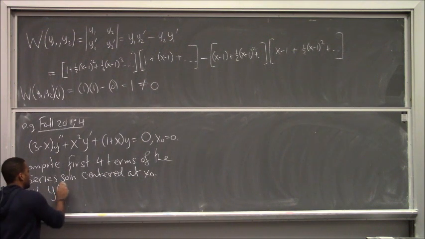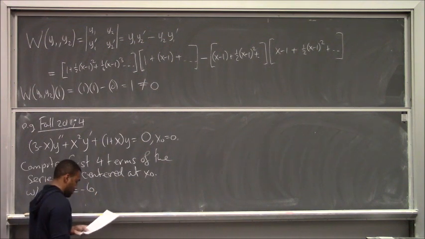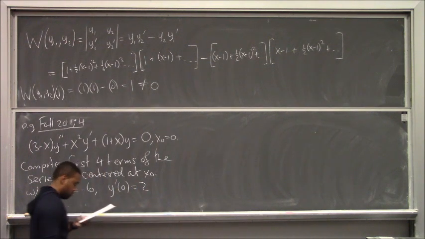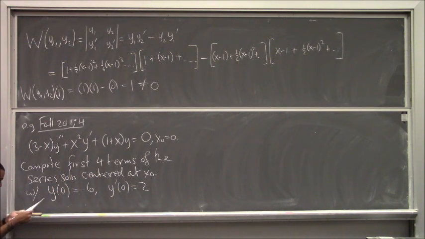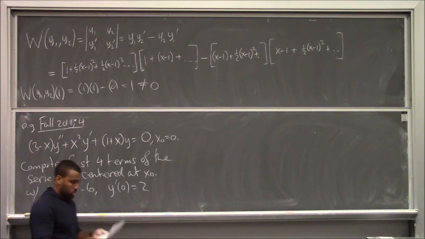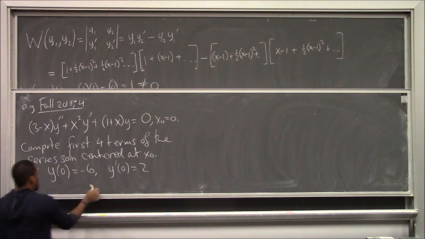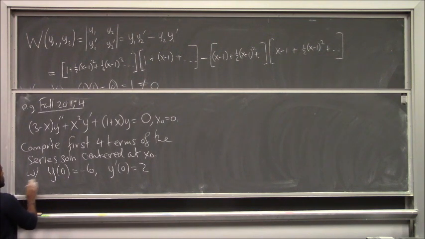y of 0 equals minus 6, y prime of 0 equals 2. So I mentioned earlier that our differential equation can dictate an upper bound for the radius of convergence.